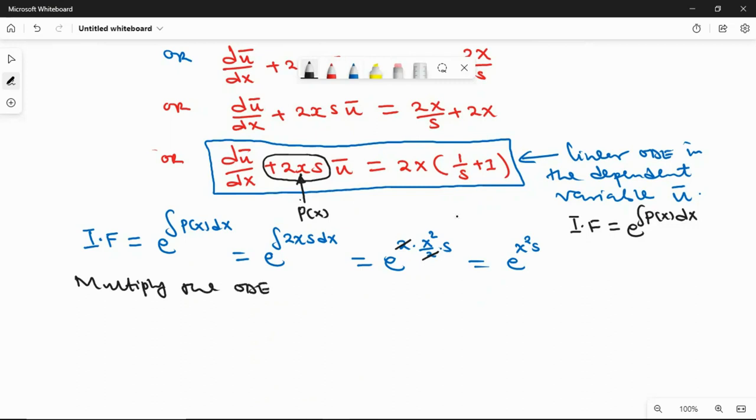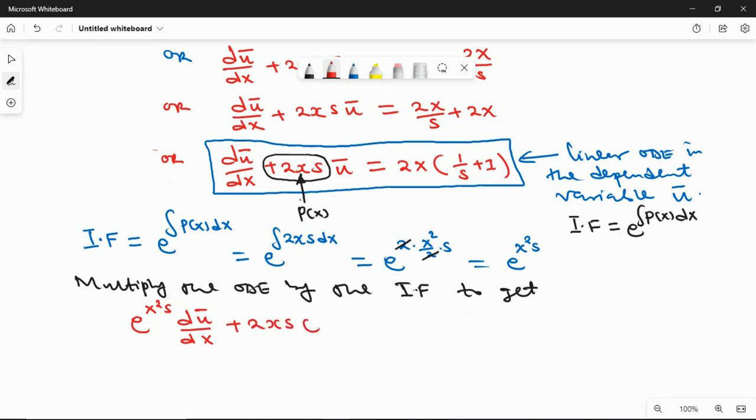Because we are multiplying both sides of that equation, we are going to get exponential x squared s du bar/dx plus 2x s exponential x squared s u bar is equal to 2x into 1 over s plus 1 exponential x squared s.